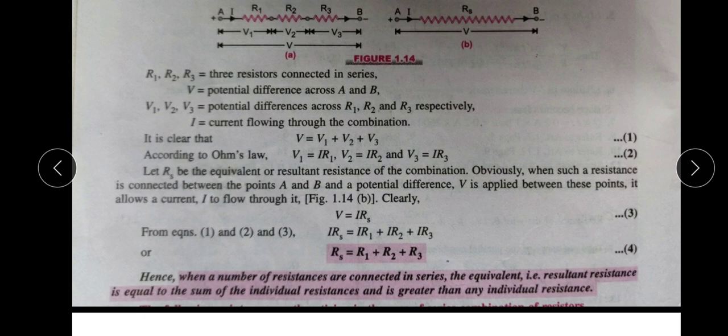Note the point: when a number of resistances are connected in series, the equivalent resistance or the total resistance is the sum of individual resistances. Okay, clear?